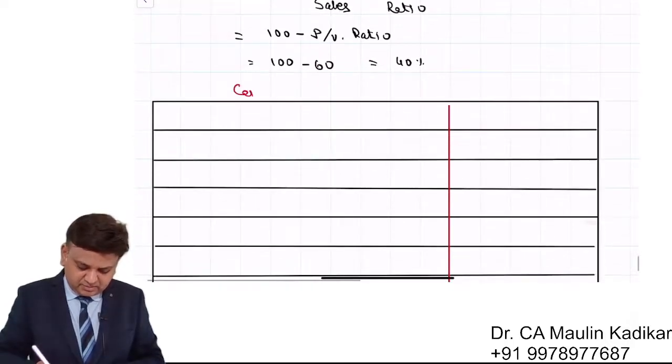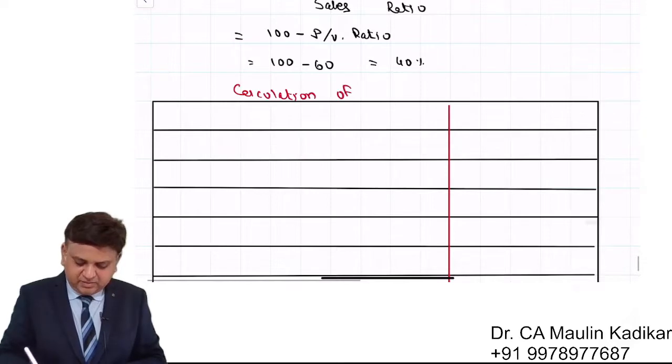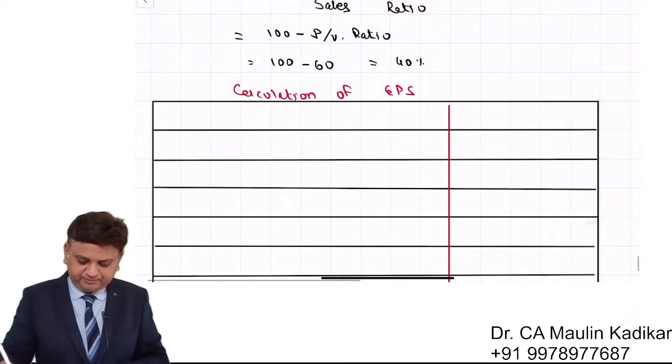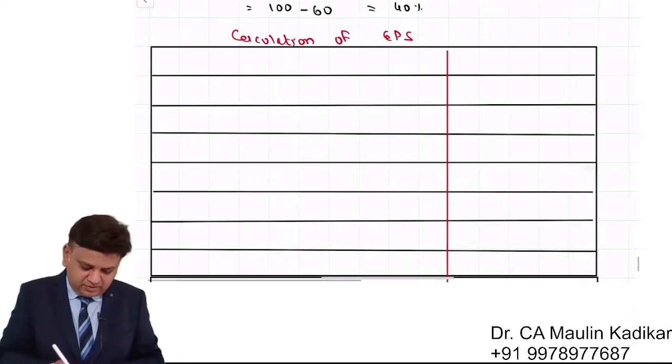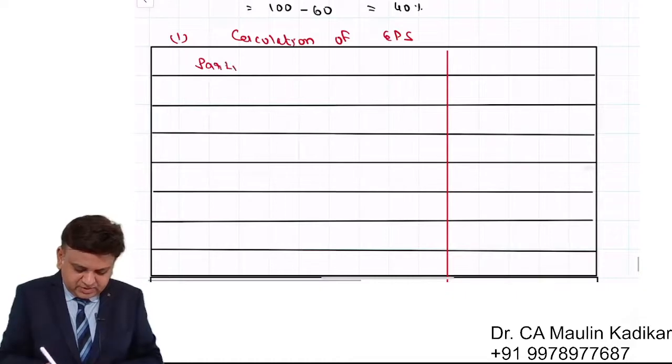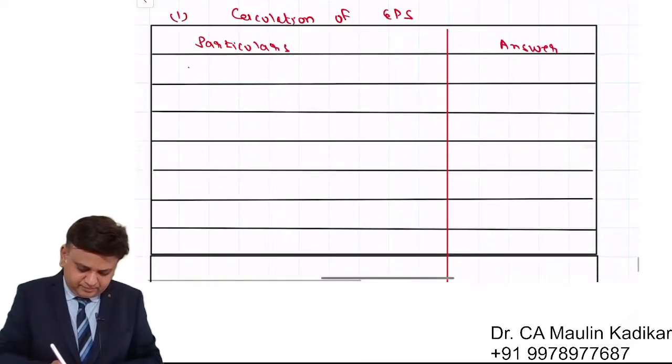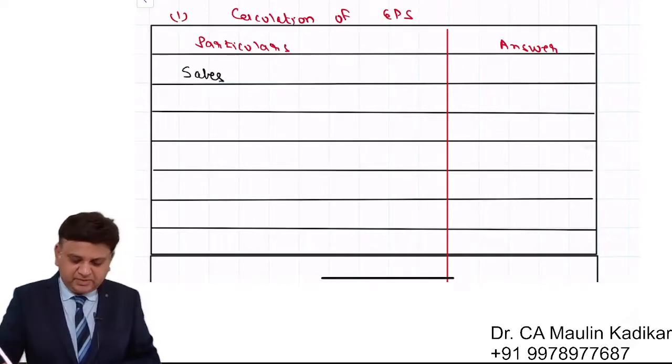Next is calculation of earning per share. That is the answer of the first question. Column number 1 is particulars. Column number 2 is answer. Sales of the company is 1 lakh.